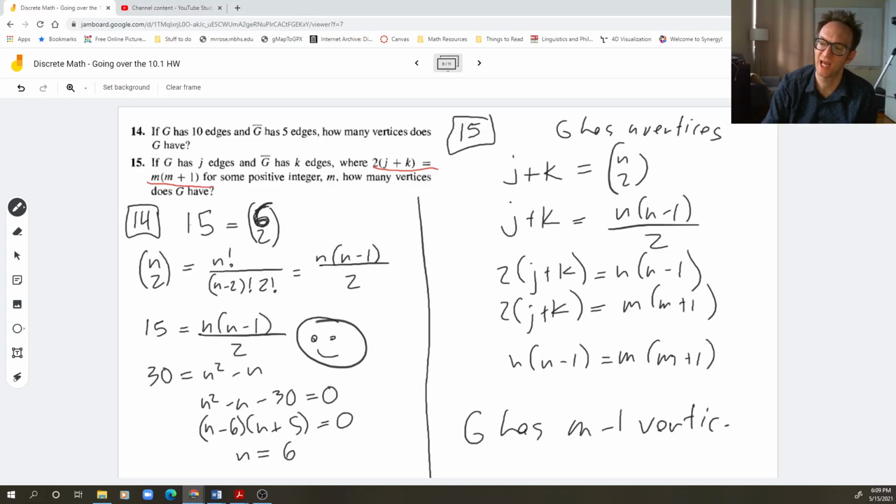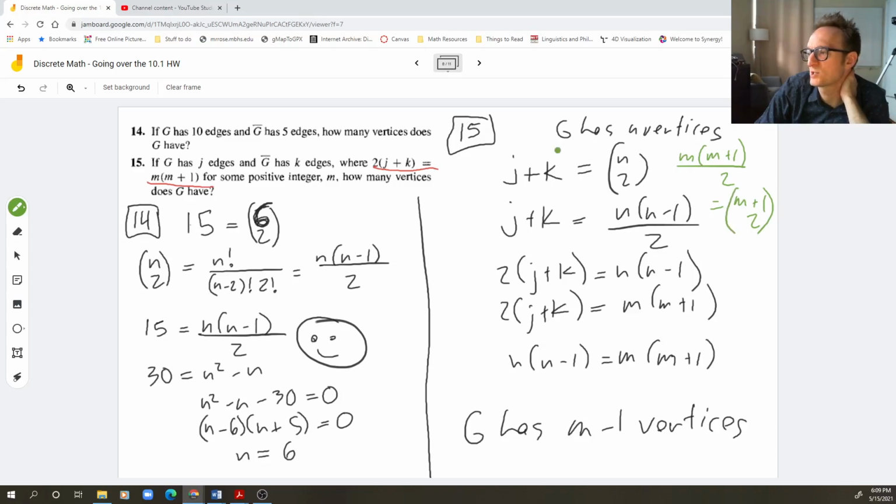I actually kind of hated the way I just did that problem, because maybe a simpler thing to do would have been to not introduce n at all, and to simply observe that m times m plus 1 over 2 in fact just is m plus 1 choose 2.